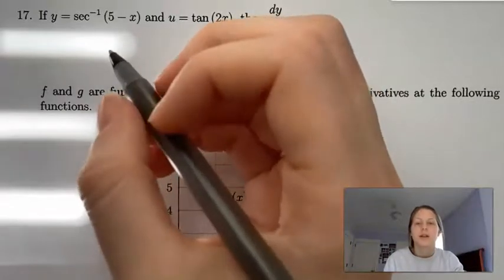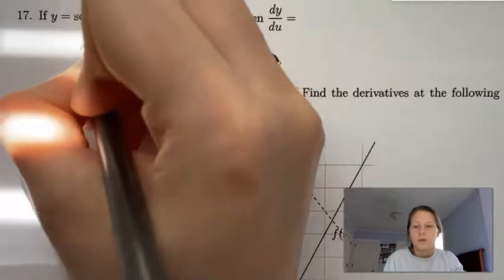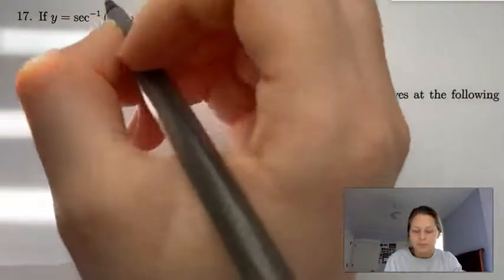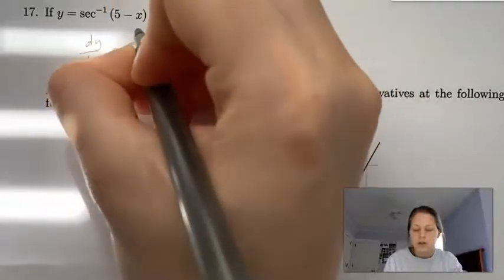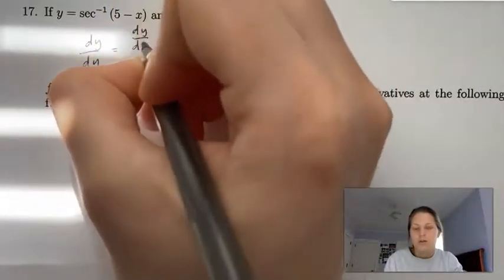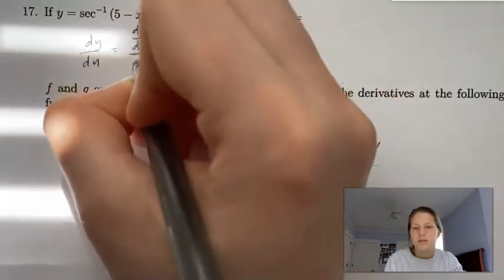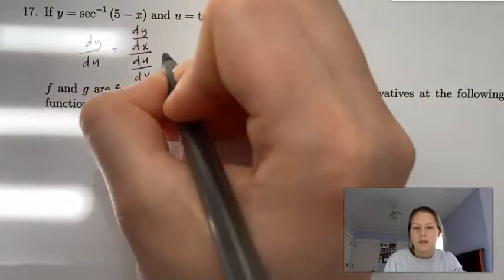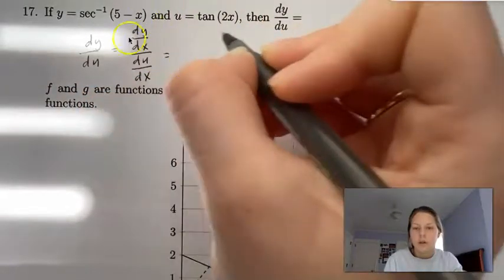Okay, so we will rewrite it as dy over du is equal to dy over dx divided by du over dx. And this portion of the question is an alternate way of writing the chain rule.